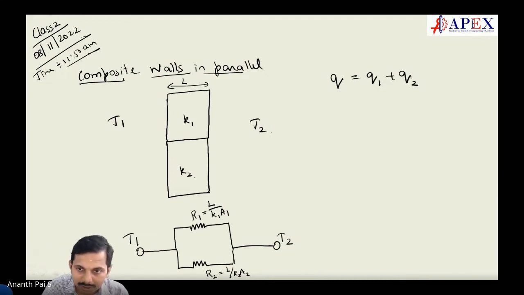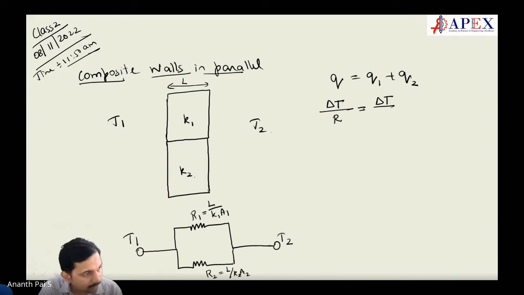So what is Q? Q is nothing but delta T, which is the same for both of them, divided by R overall. Let us say R. Delta T by R is equal to delta T by R1 plus delta T by R2, or 1 by R is equal to 1 by R1 plus 1 by R2.